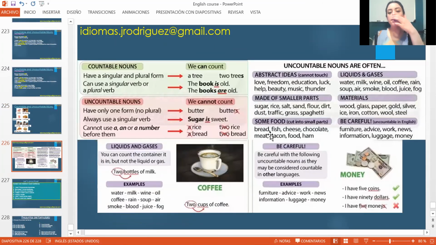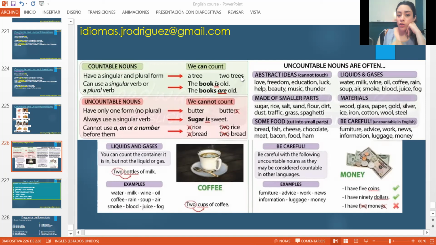Yes. Okay, so here we have more information about the countable and uncountable nouns. First, the countable nouns have a singular and a plural form. A tree or two trees with the letter S at the end. Los contables tienen una forma singular y una forma plural.